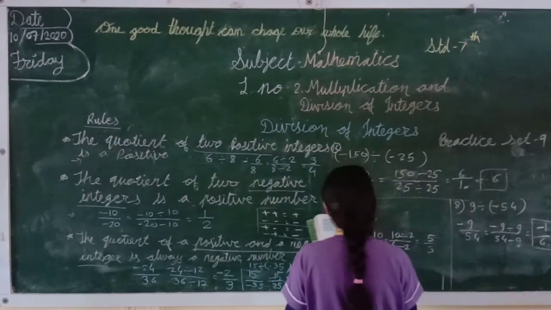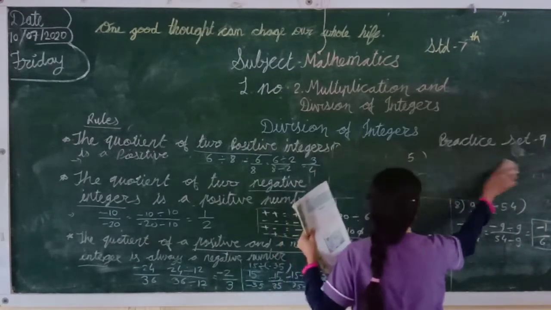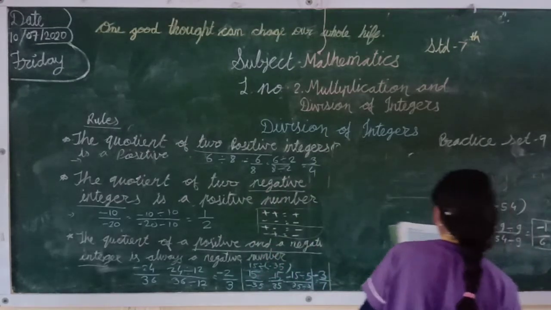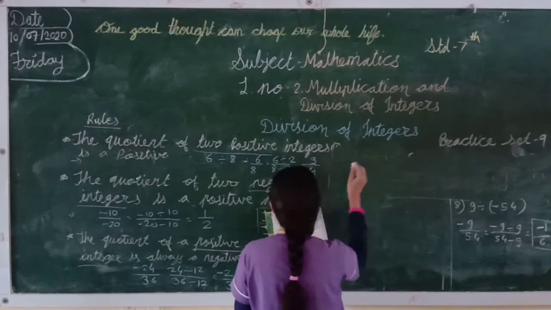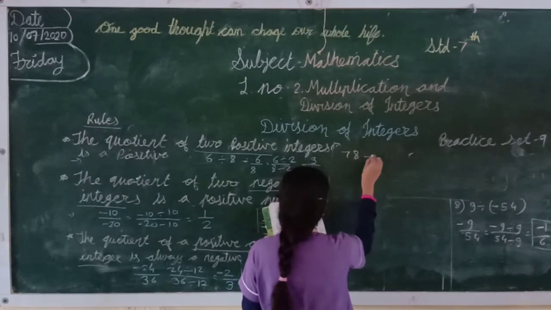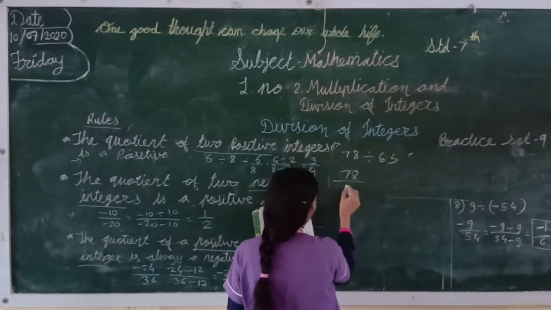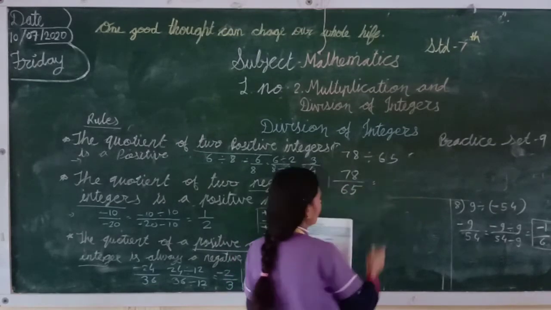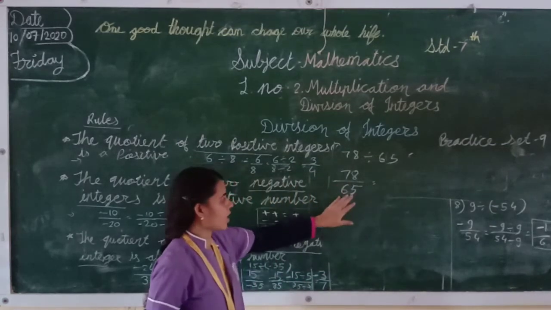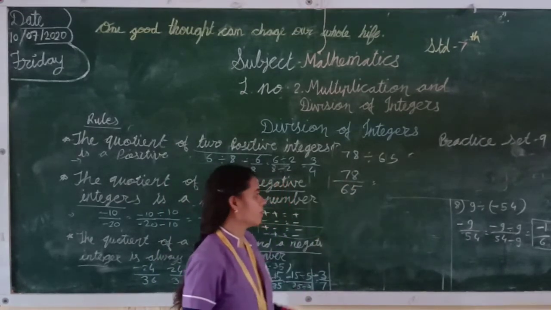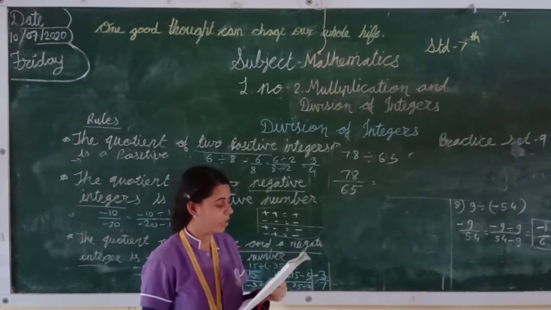Now students next one, 9th one. 78 divided by 65. 78 upon 65. Now student you can divide 78 and 65. These both numbers come in table 13.